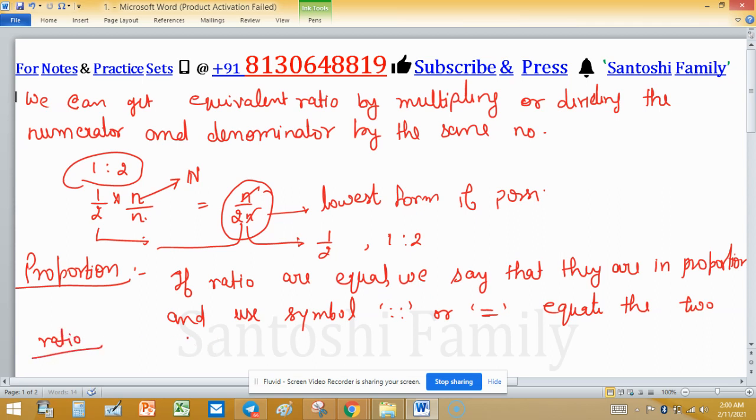If two ratios, suppose 1:2 and another is 3:6, then these two ratios are equal. Then how to write this? 1:2 proportion 3:6. This is the way, or you can use the equal sign here.